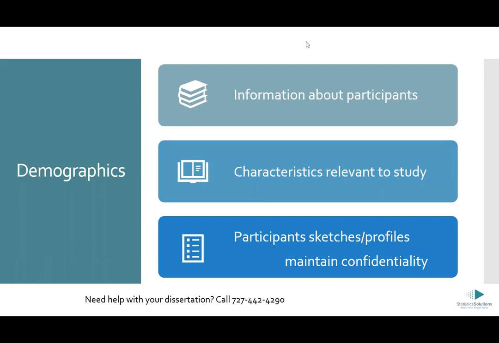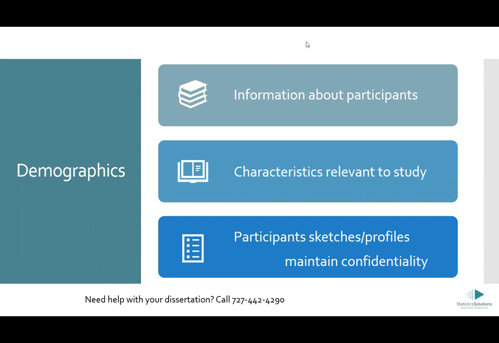So one note here too, in order to do this, you need to make sure that you have a very structured way to collect this information. So I think a lot of times with qualitative studies, since we're so focused on collecting the textual data, we forget to go back and collect some basic demographic information.